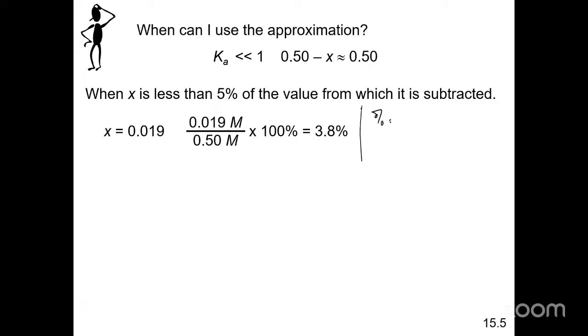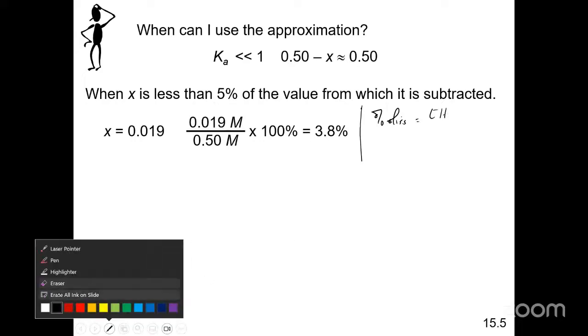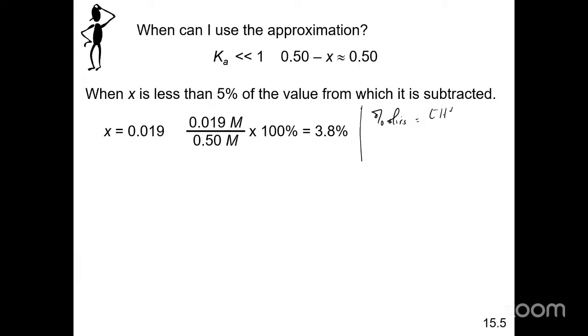Percent dissociation of an acid, and there's a similar expression for bases, would be equal to the concentration of H plus, or H3O plus. Let me use H plus, since that's what we've been using all along. The concentration of H plus at equilibrium divided by the initial concentration of HA, times 100%, right?